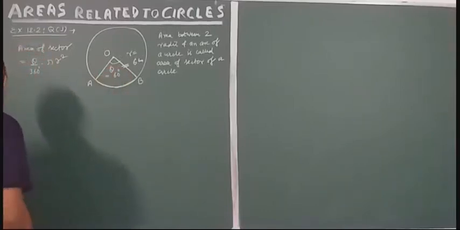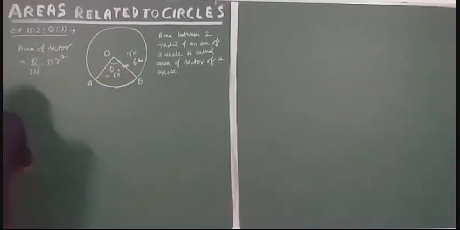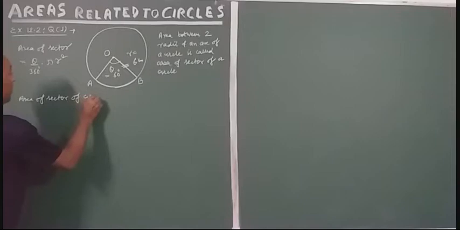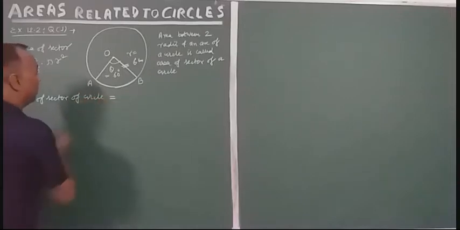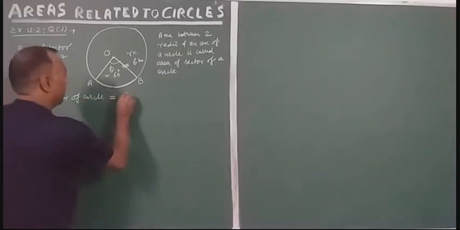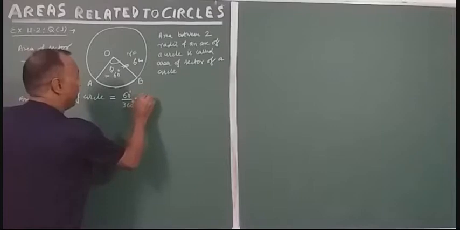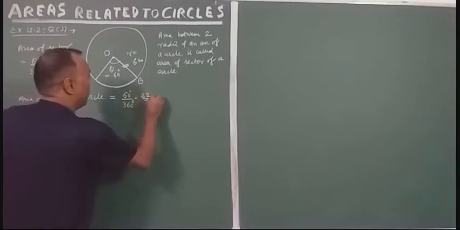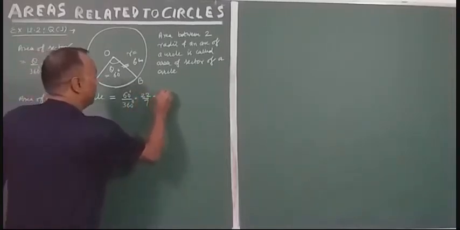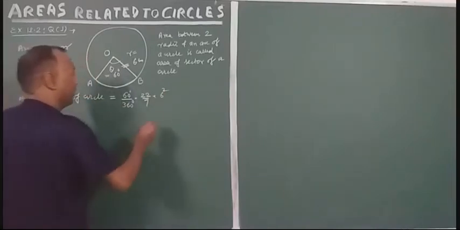So therefore, area of sector of circle will be theta upon 360, means 60 degree upon 360 degree into pi into r squared, which is 6 square.